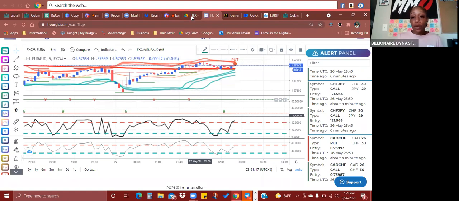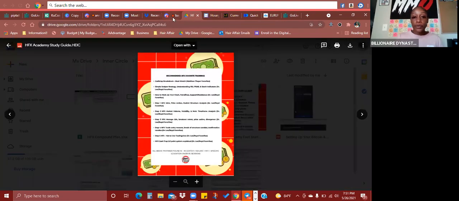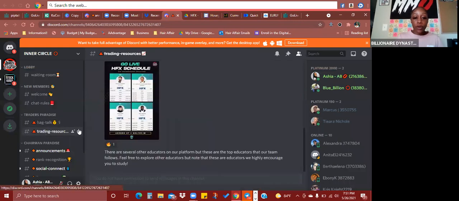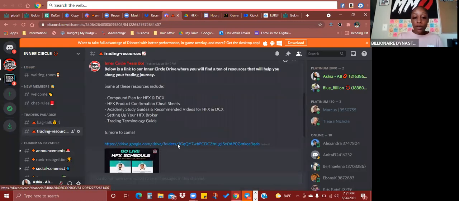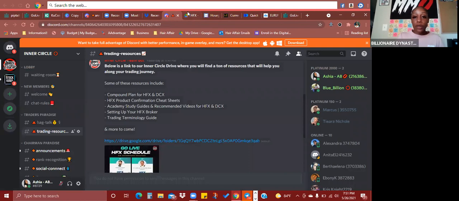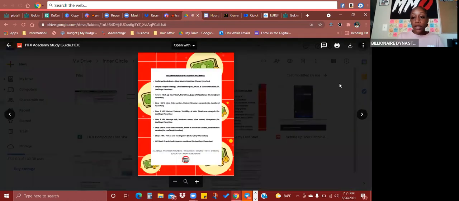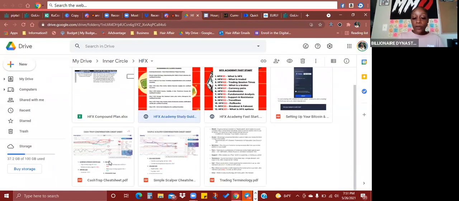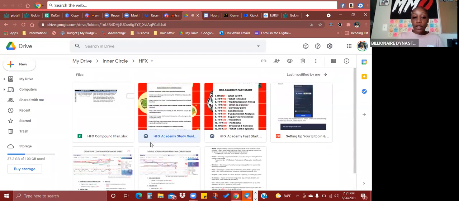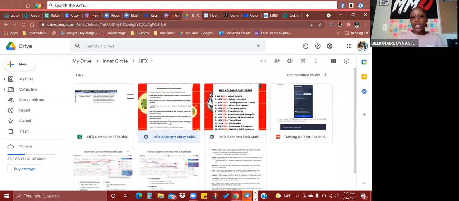You know, again, make sure that you guys go to the Google Drive. It's literally in trading resources, right? Click on this link right here, and it's going to take you to this guide where you can have the cheat sheets for Cashtrap and Simple Scalper. You have the compound plan. You have a study guide to know which videos to watch in the academy to help you understand what this is. You have a fast start, so which videos to watch, when you go through the first session, just to jumpstart that.